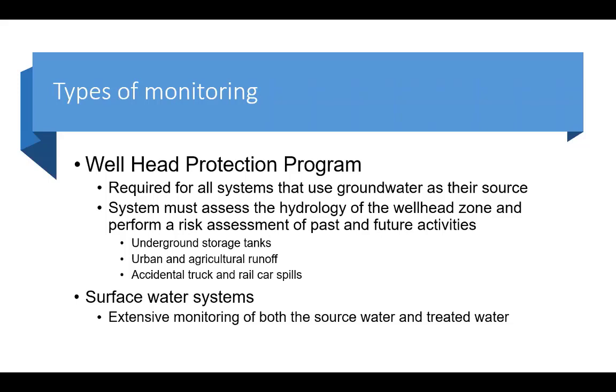And then accidental truck and rail car spills. We've got railroad lines through campus, so they're concerned about the potential for a rail accident and the impact of that on the wells. And then surface water systems also require extensive monitoring of both the source water and the treated water.